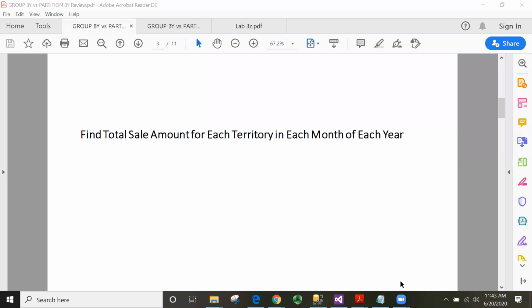And think about the data hierarchy. Do we need to group data?